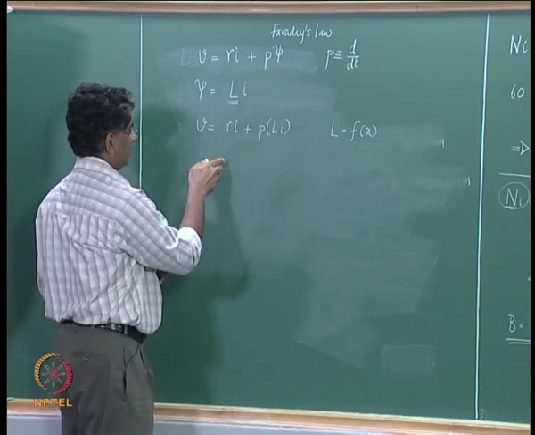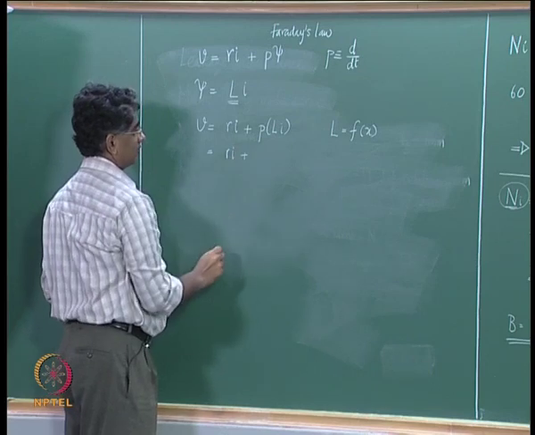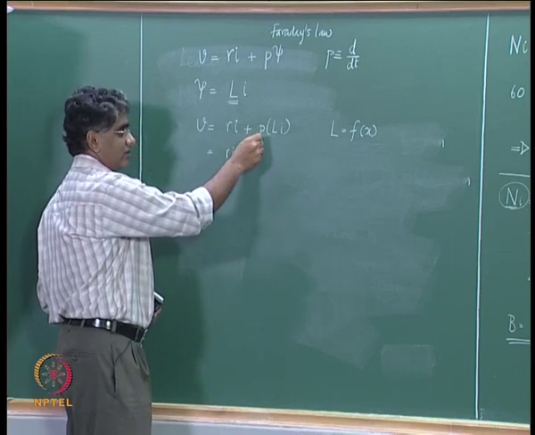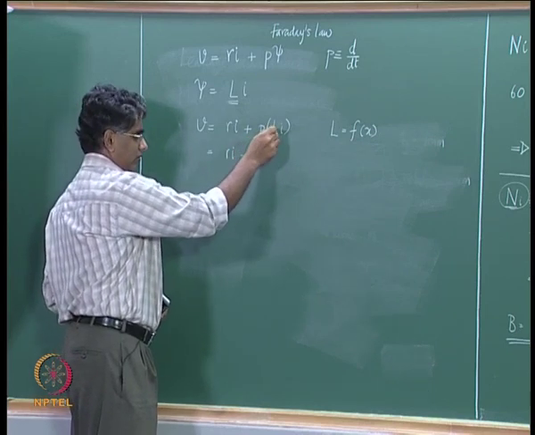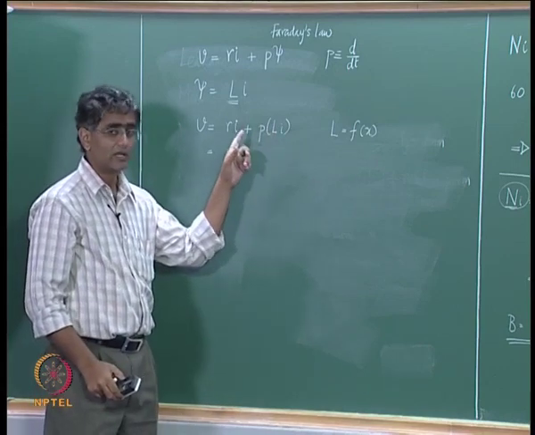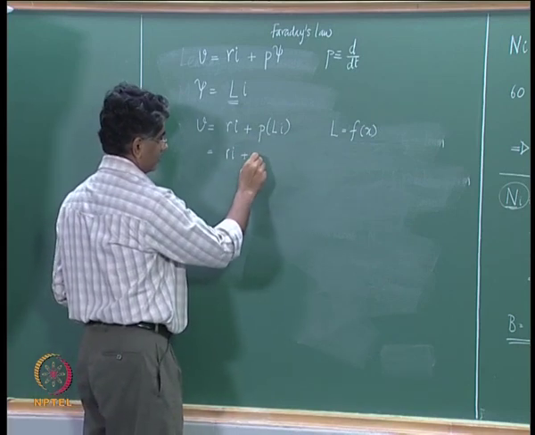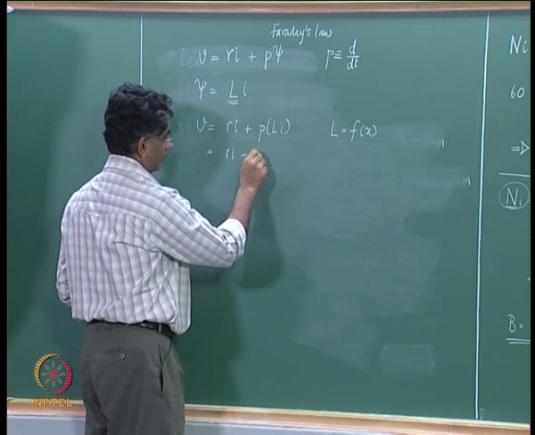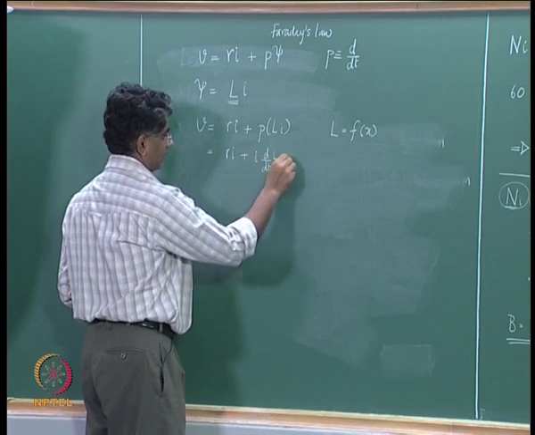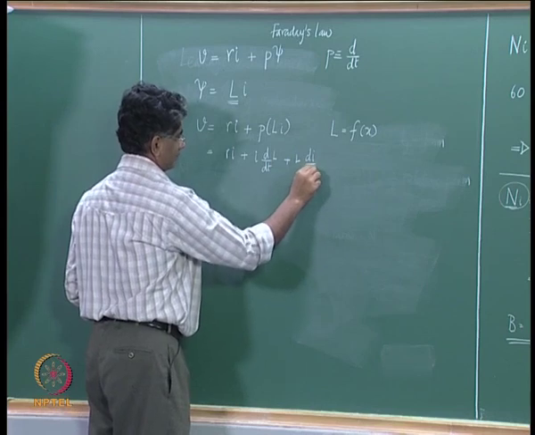So if you now expand this expression, you have R into I plus the differentiation of L and I, which both depend on t, and therefore you have to apply the differentiation rule, and this becomes I into d by dt of L plus L into d by dt of I.